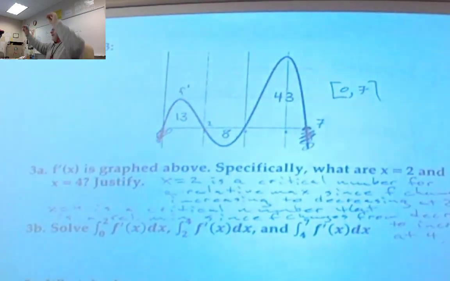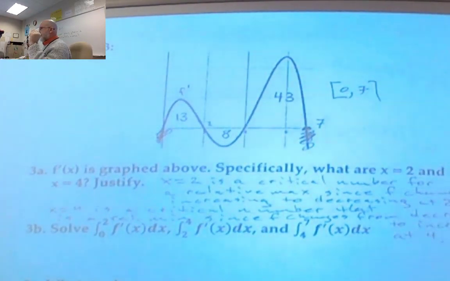Okay? So let me understand this right. F starting somewhere, correct? Increases till x equals 2, then turns around and decreases till it gets to x equals 4, and then increases. Does that sound right?